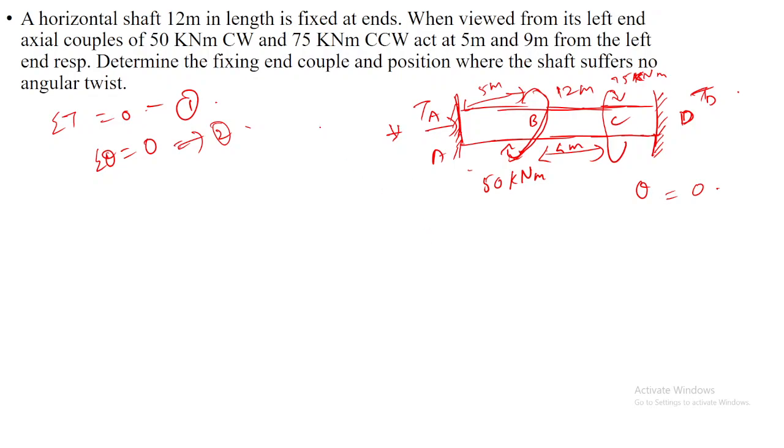Meaning the total angle of twist, theta AB plus theta BC plus theta CD, equals 0. You won't have a separate angle of twist at the ends. You are getting it right? Yes. That's the meaning of fixed ends. So this is the second equation.